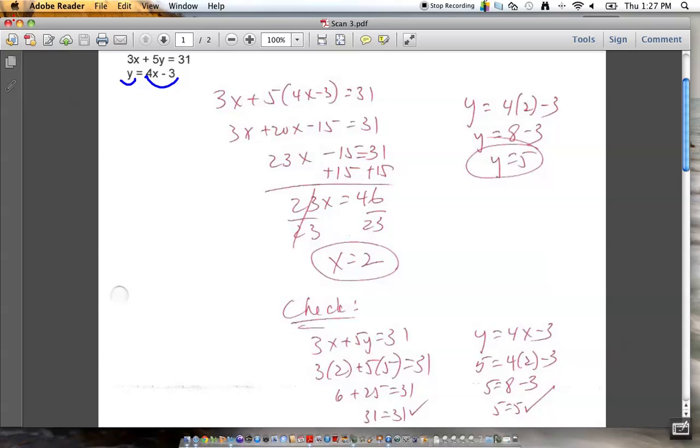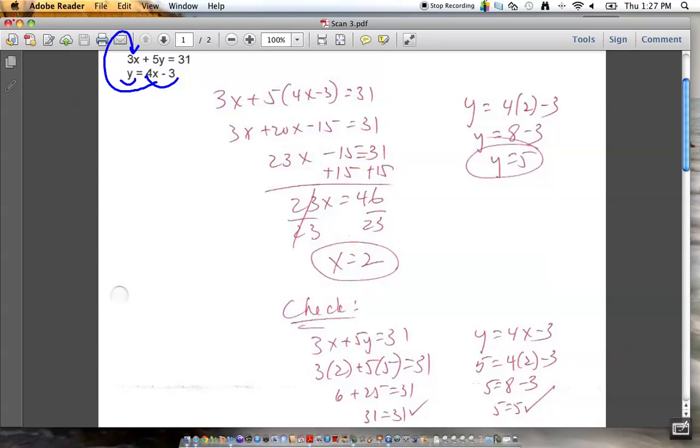What I noticed a lot of people do is put the 4x minus 3 here. It doesn't go there. X doesn't equal 4x minus 3. What equals 4x minus 3? Everybody? Y.